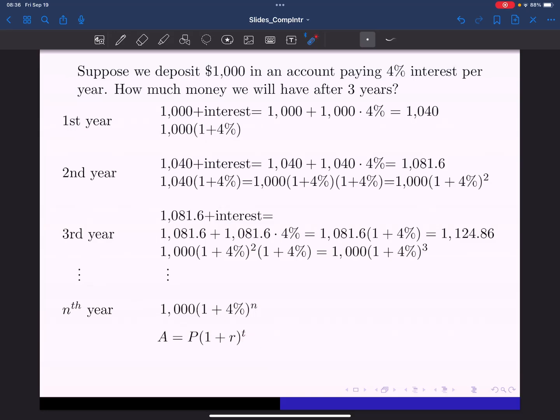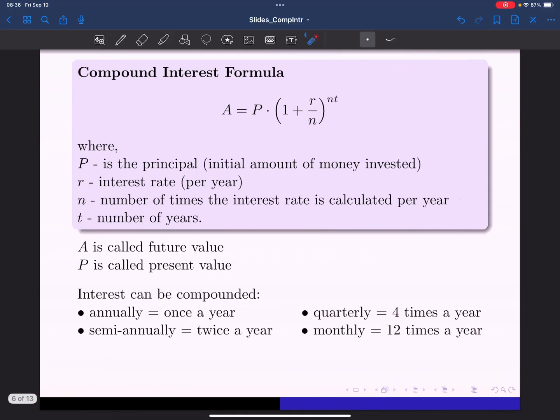Now, if the interest is compounded not once a year, but twice a year or three times a year, we would need to add more and divide the interest into how many times it is calculated. So this is the compound interest formula. A is my final amount, P is the principal, and then we would have 1 plus R over N.